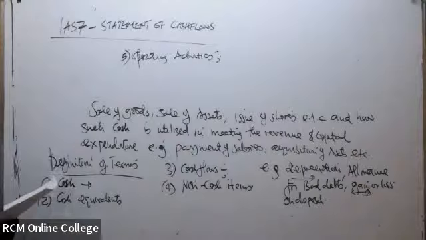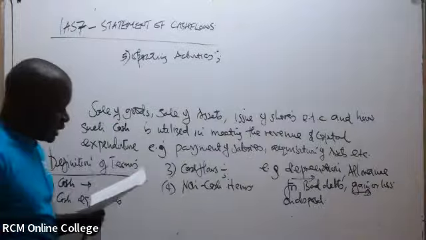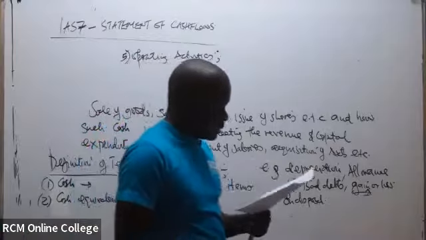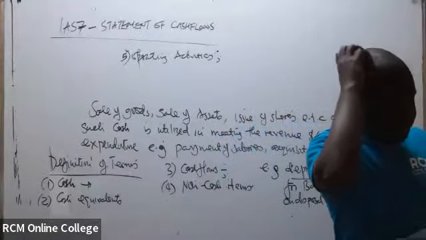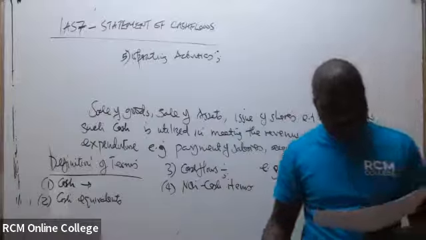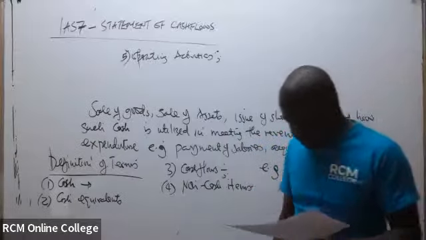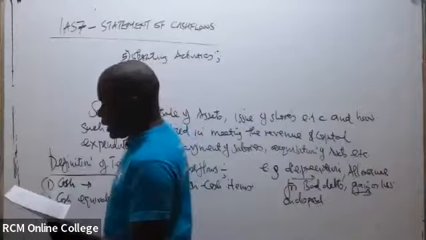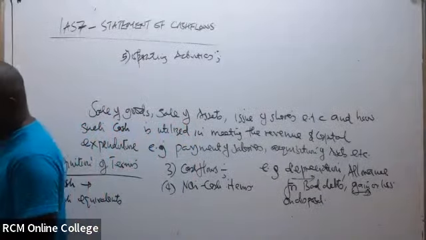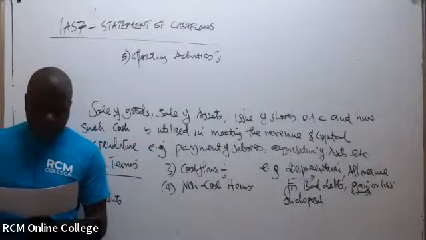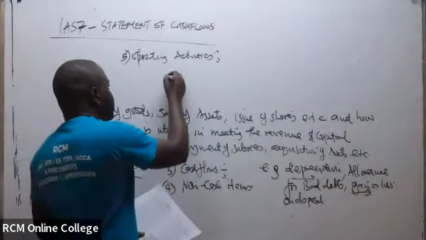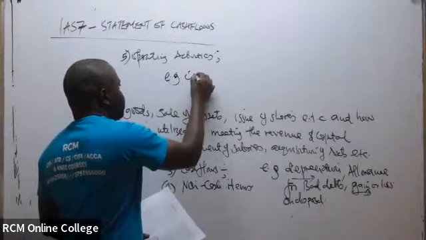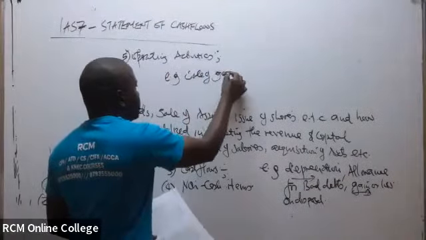So we'll categorize some of the activities as operating activities. These are revenue generating activities of the enterprise, e.g., sale of goods.